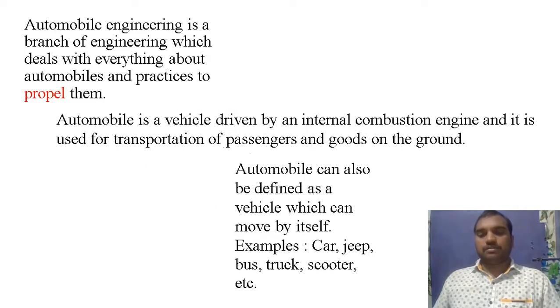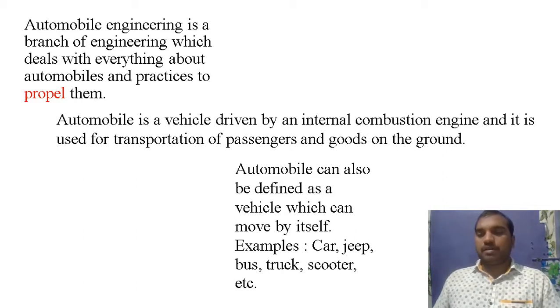Coming to the next point on the screen, an automobile can also be defined as a vehicle which moves by itself. Examples: car, jeep, bus, truck, scooter, etc. So how is it moving?